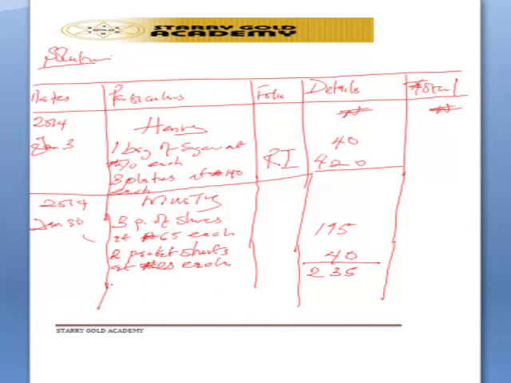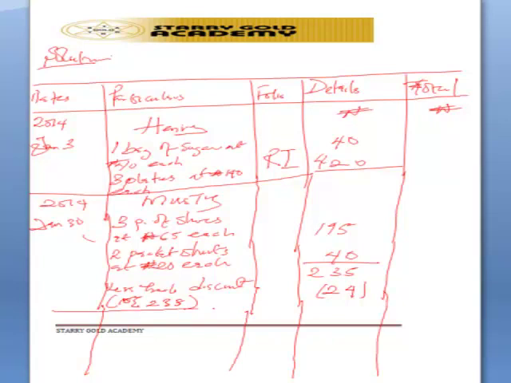So less trade discount of, I think, 10% trade discount. That is approximately 24. When this is being deducted, we are going to have 211.